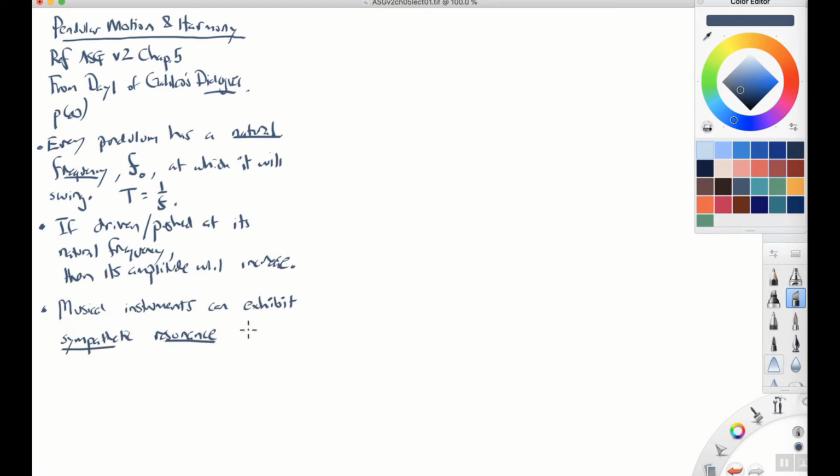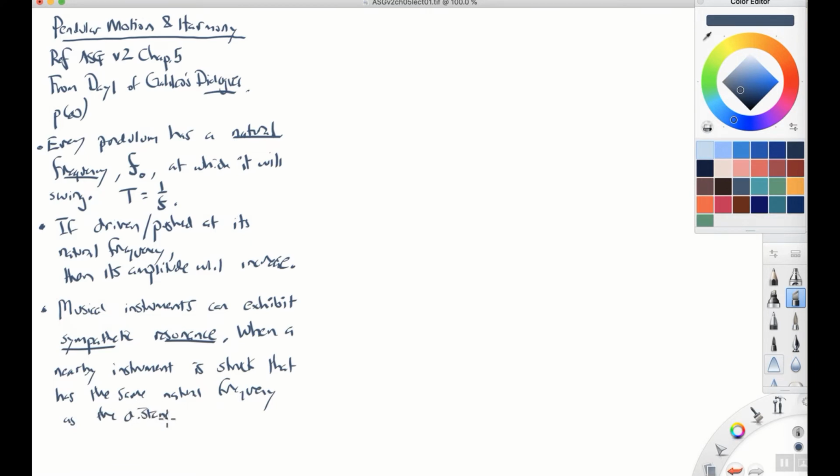What do we mean by sympathetic resonance? That means that when a nearby instrument is struck, that has the same natural frequency as the distant instrument, the one that's separated from it, they will both vibrate.